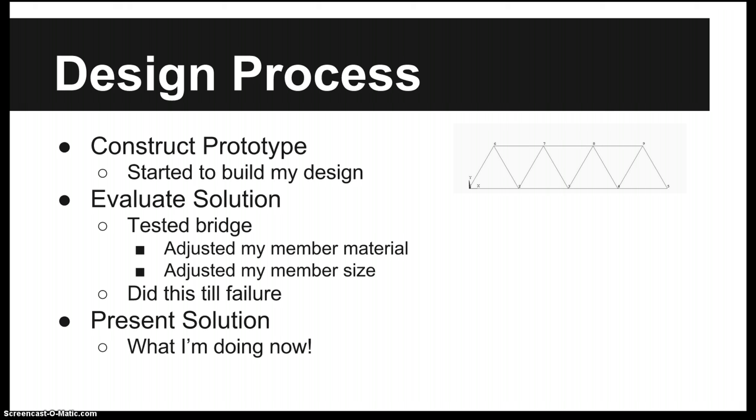I kept testing my bridge, adjusting the material of my members. I adjusted my member size, the thickness of it, until it would break, and then other ones would break with bigger thickness, and other members would not break. So I just kept adjusting different members until failure.